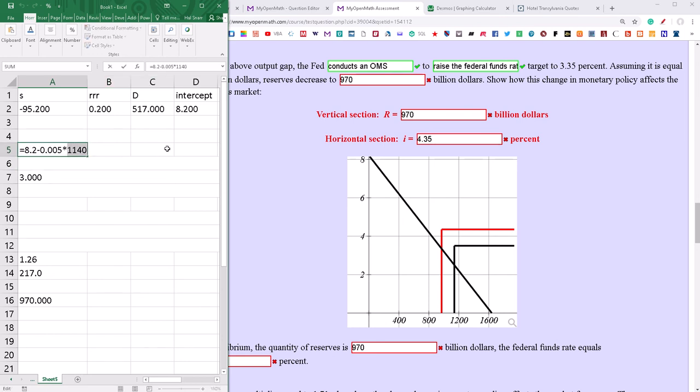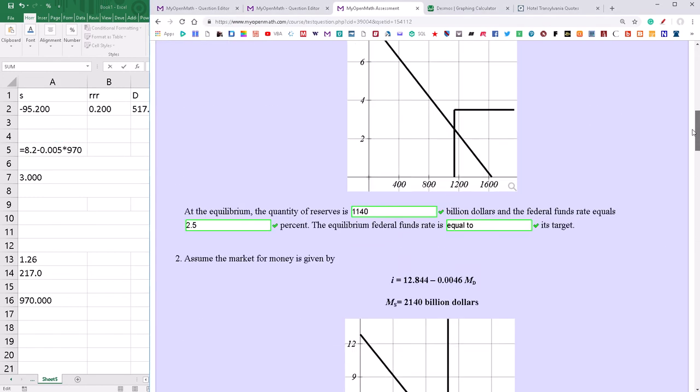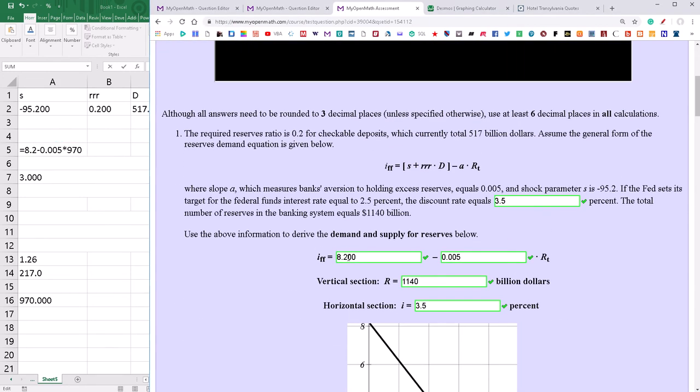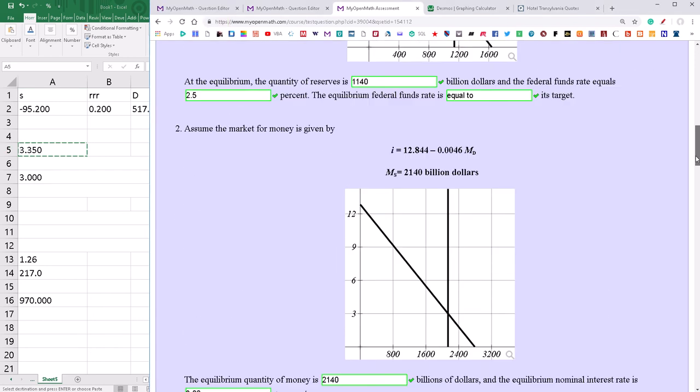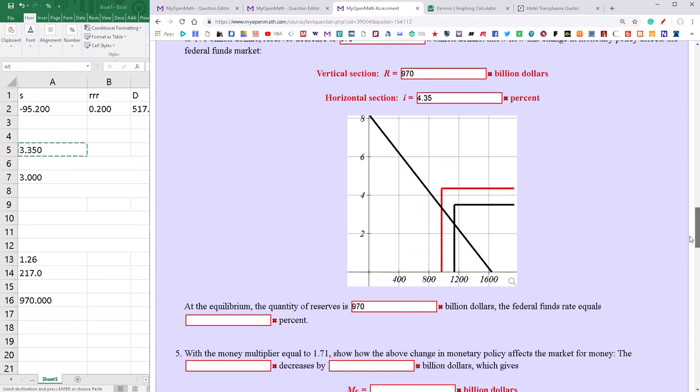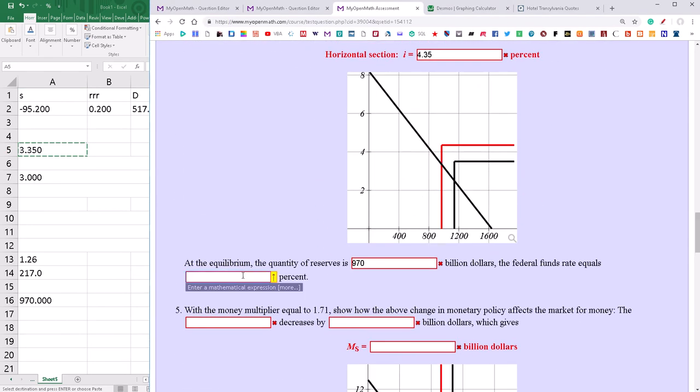But now with reserves being 970, the 8.2 is the intercept, if you remember, of the federal funds rate demand curve, reserves demand curve, and the negative 0.005 is the slope. We're plugging in the new value of reserves, and we get an interest rate of 3.35. So the federal funds rate will increase to 3.35.